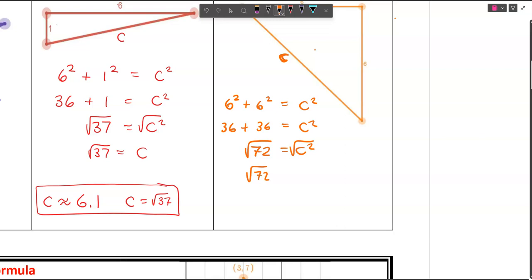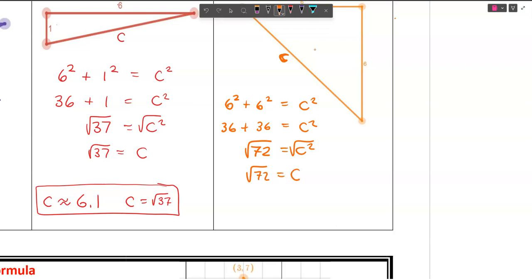And so our unsimplified answer is the square root of 72. If we're going with decimals for this, the answer is approximately 8.5. If we break it down, 72 is 36 times 2. 36 is a perfect square. So that means that the simple radical answer would be 6 root 2.